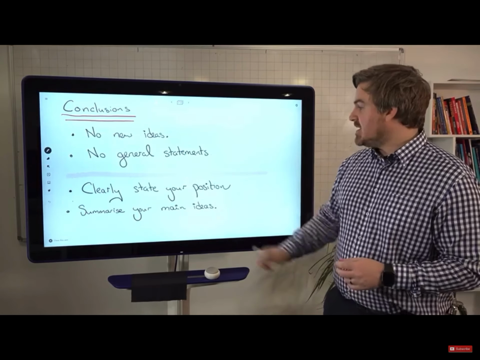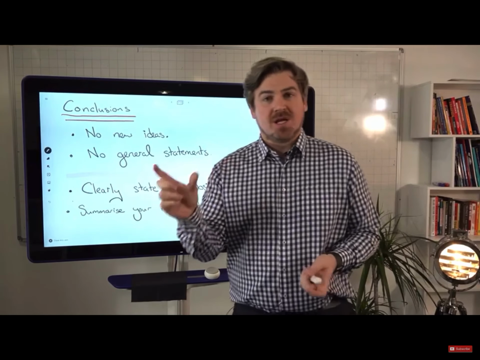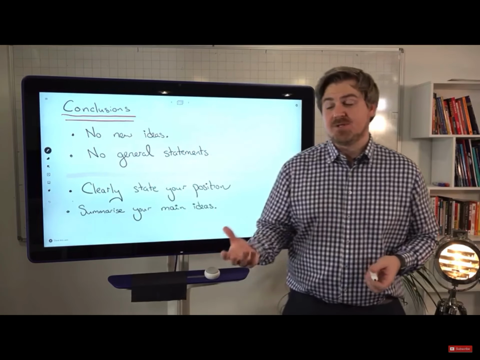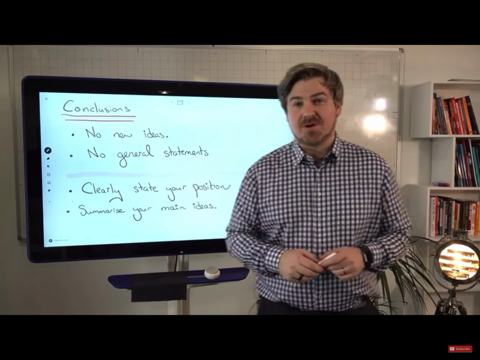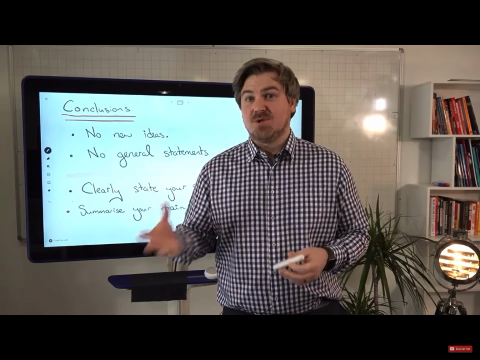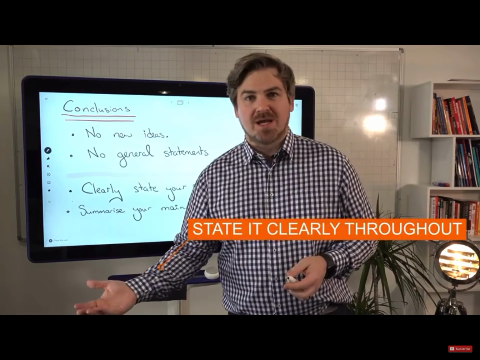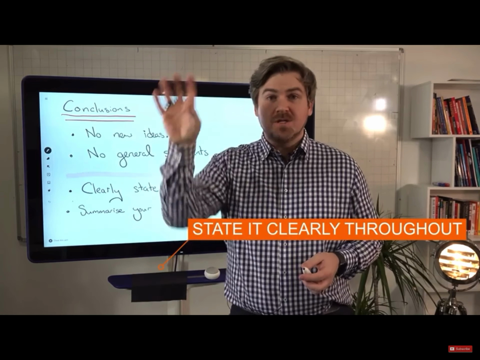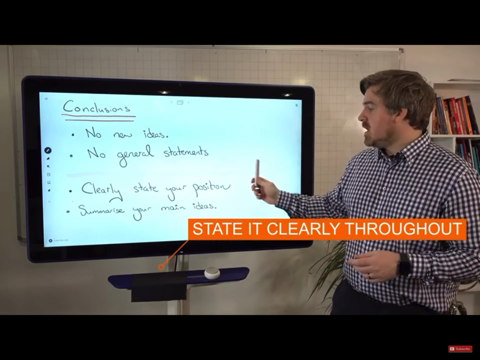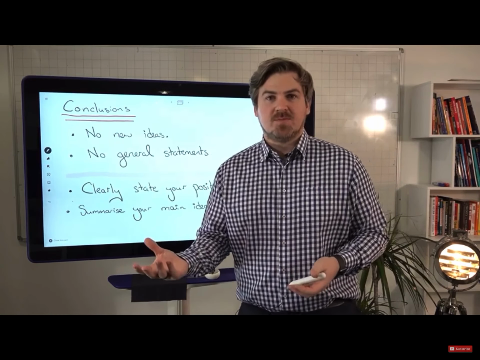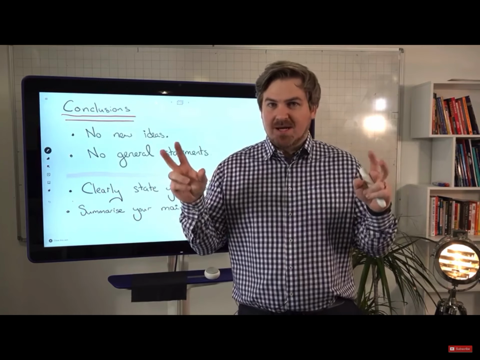So what you should do instead, clearly state your position. Check out the IELTS Writing Task 2 marking criteria that the examiners have beside them when they're looking at your essay. Every examiner is looking at the same criteria. State your position clearly throughout your essay. So it should be in your introduction and your conclusion. A lot of people get confused about this, and a lot of teachers don't teach this because they think it's repeating ideas.